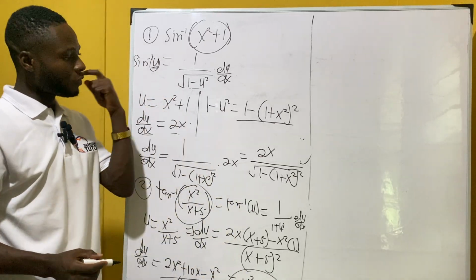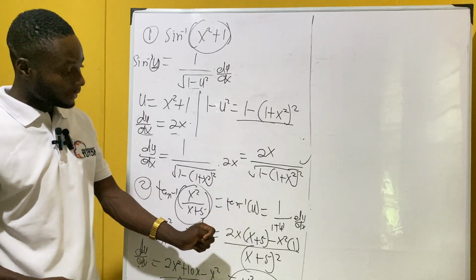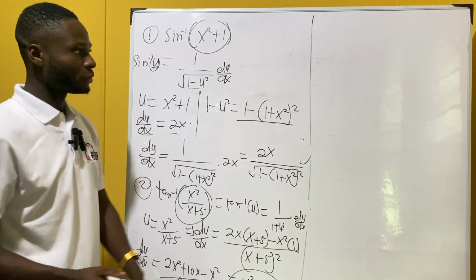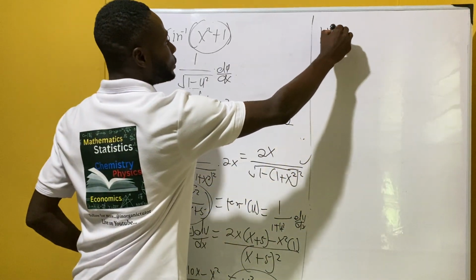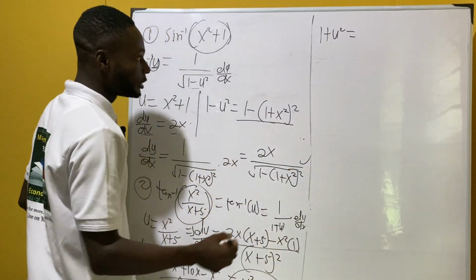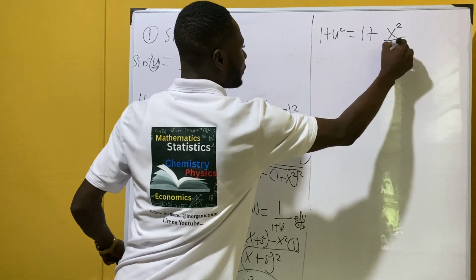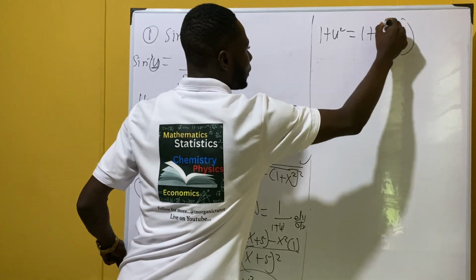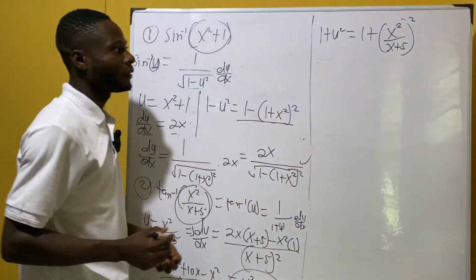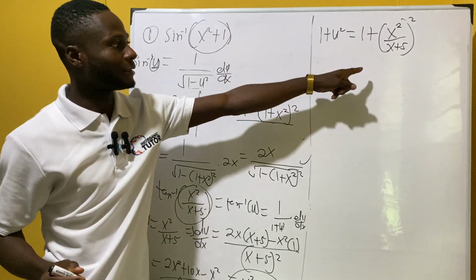So we have to look for our 1 plus u squared, right? So 1 plus u squared right here is going to be 1 plus x squared all over x plus 5 all squared, all squared. So we have to expand this and simplify.